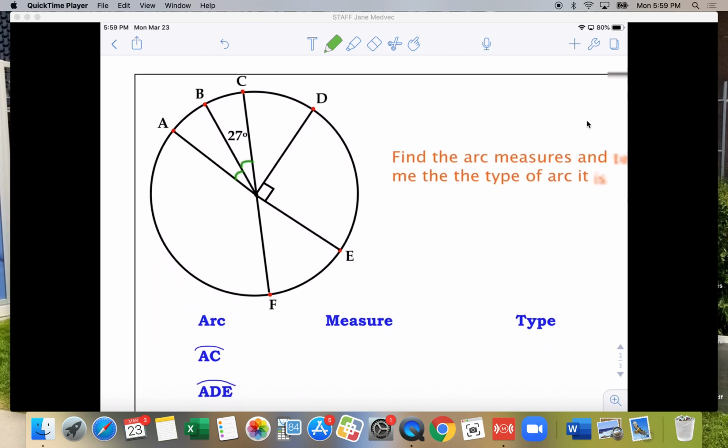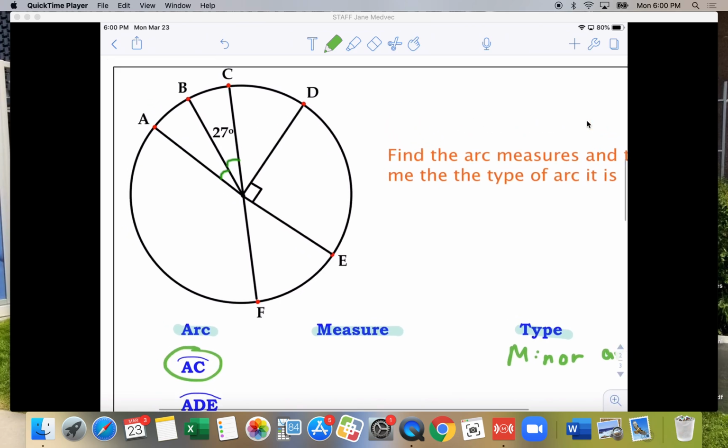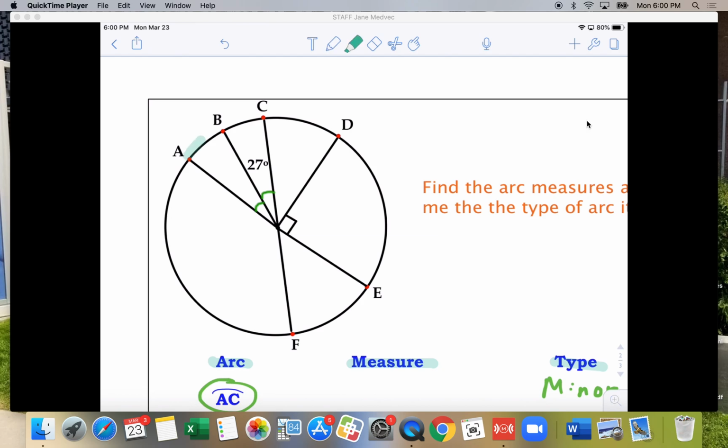It says, find the arc measures and tell me the type of arc it is. You're going to notice that I've got categories: arc, measure, and type. So let's look at AC. You're going to notice that it's 2 letters, so I know that it's going to be a minor arc, less than 180 degrees. Let's take a look at this picture. Here's AC, the arc, right there.